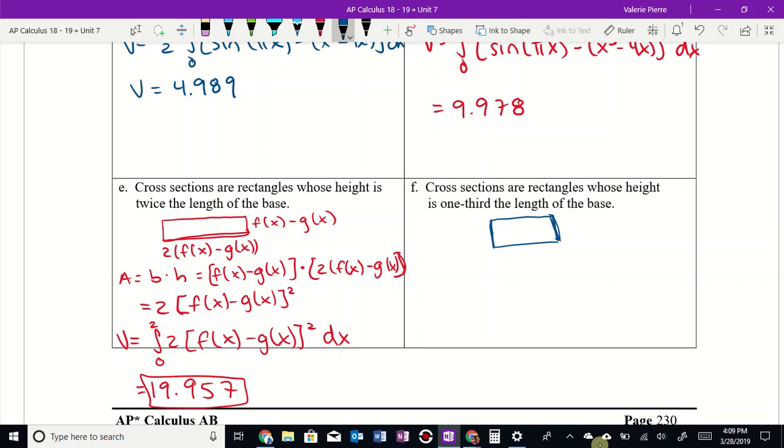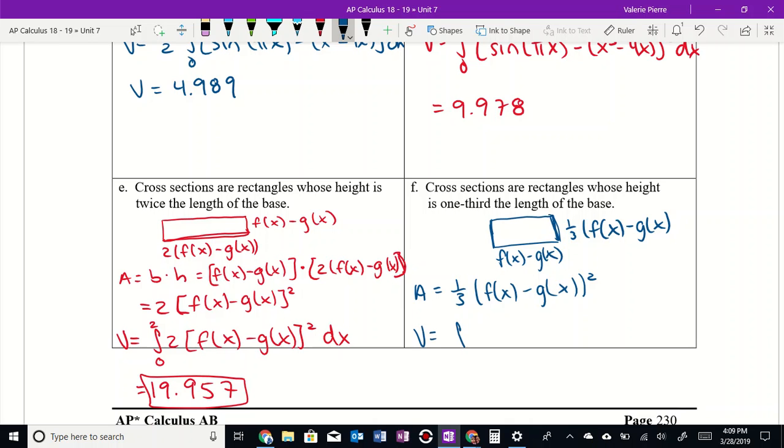My base is still f of x minus g of x, because that's the part that's on my shaded area. And then my height is 1/3 of that base, f of x minus g of x. So again, my area is going to be those two things multiplied together, which will be 1/3 times f of x minus g of x squared. So volume will be the definite integral from 0 to 2 of 1/3 of f of x minus g of x squared dx, which is equal to 3.326.